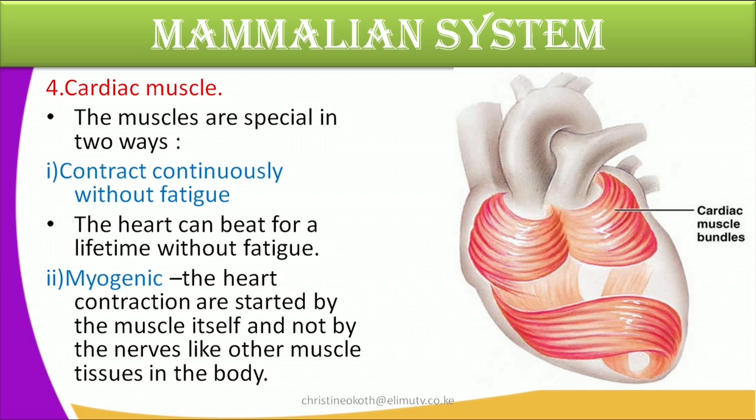So these muscles will always be contracting without getting tired. Then we also say these muscles are myogenic. This means that the heart contractions are started by the muscle itself, not like the other muscle tissue in the body. So this one starts by itself, and also we say that they contract without getting tired.